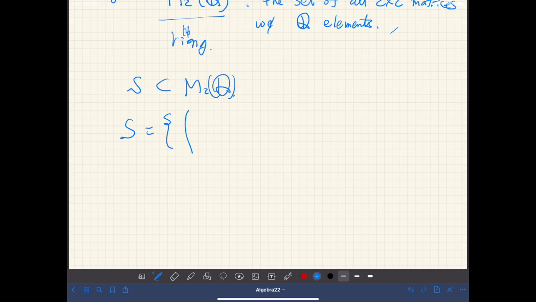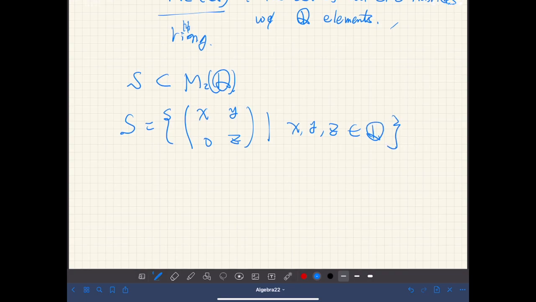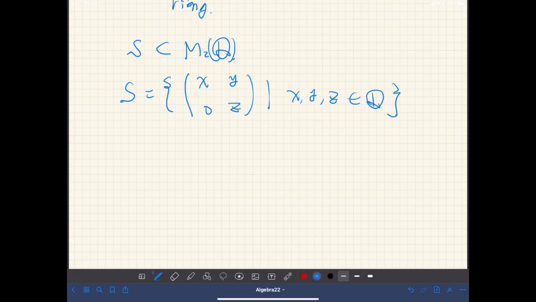This is the set of matrices of the form X, Y, 0, Z, where X, Y, Z are rational numbers. We claim that this set of matrices with the 2,1 element being 0 is a subring of M2 of Q.